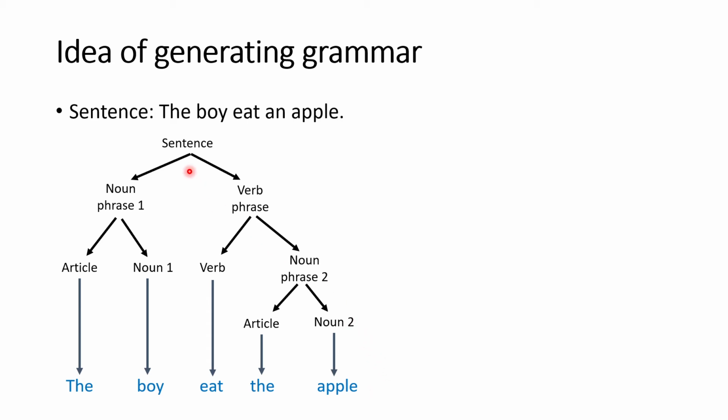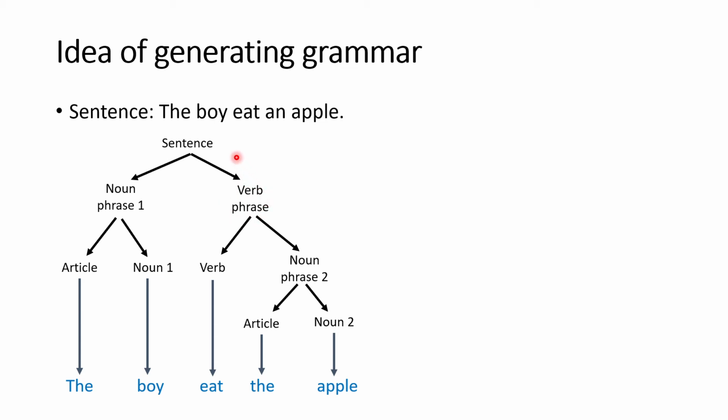So that means you start from a start symbol. For example, here the start symbol is sentence. Obviously, we don't write sentence every time. We denote them with some specific letter. For example, I can call it S. It can be NP1, or VP, something like this.